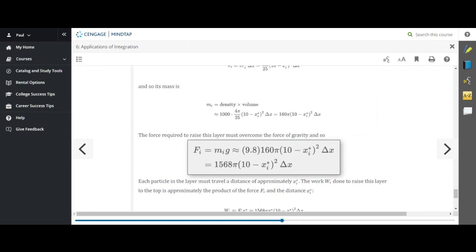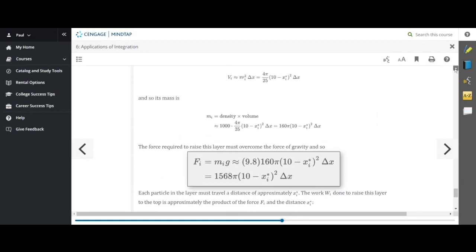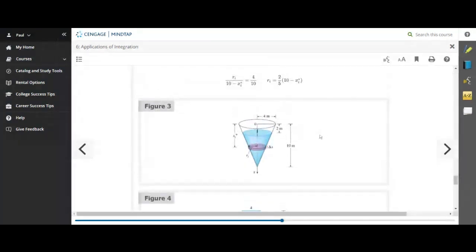Well, in the problem here, the ith layer of water needs to be brought up a distance of xi meters. Your work's done when you bring the ith layer of water up to the top of the tank.